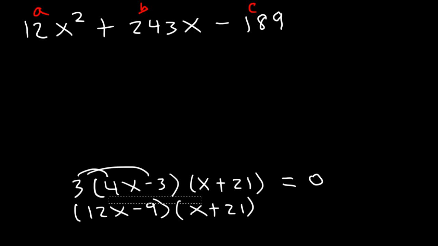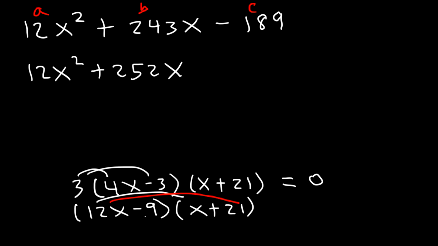So 12x times x, that's just going to be 12x squared. Next we have 12x times 21, and that's positive 252x. Negative 9 times x is negative 9x, and negative 9 times 21, that's negative 189.